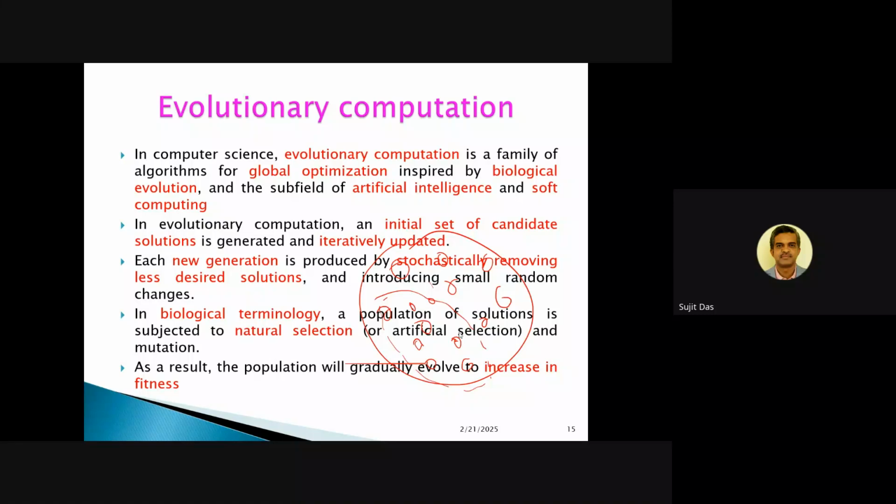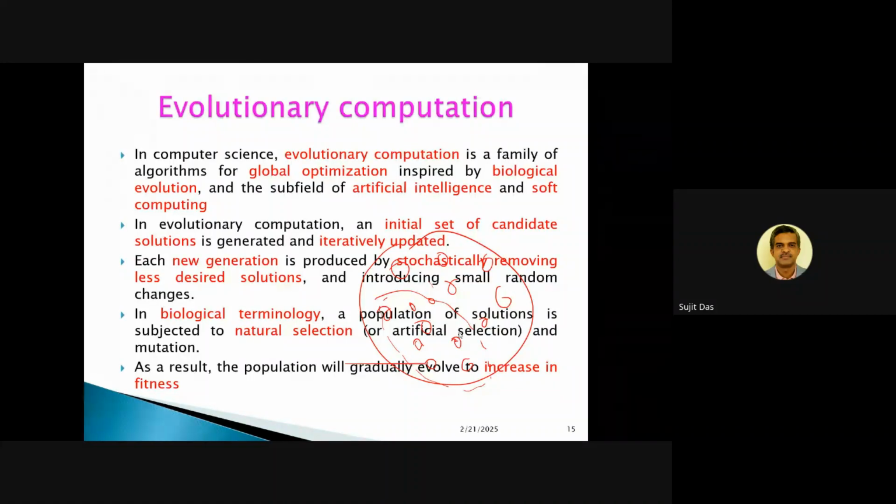But which solutions are poor quality solutions? The idea is that, again, some of those solutions will be selected and shifted to the next iteration or next generation. Why? Because, as I was telling, they may survive due to the luck factor. You're getting the fact. Once I show the example, then things will be much clearer.